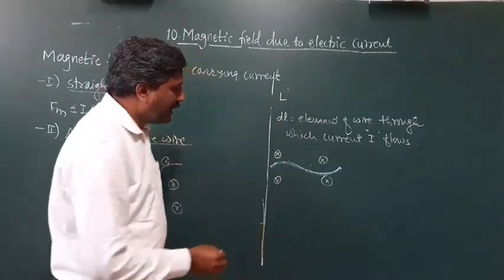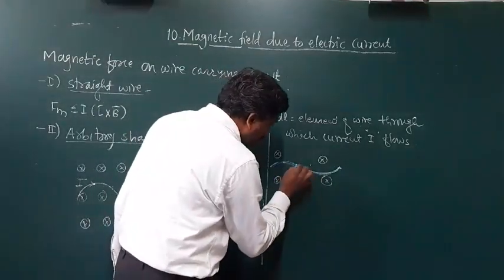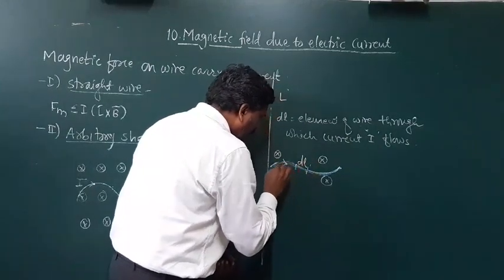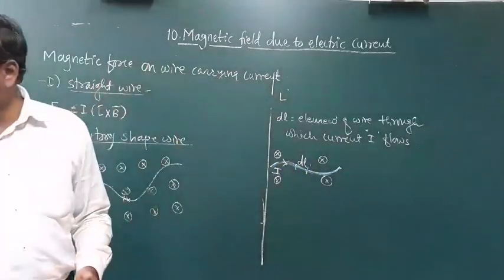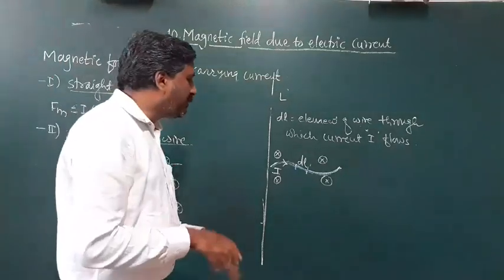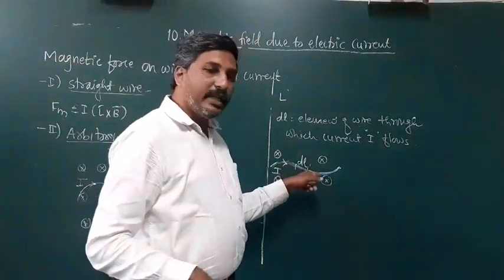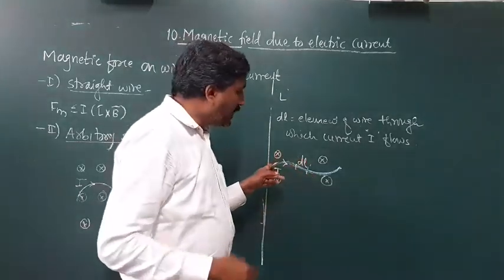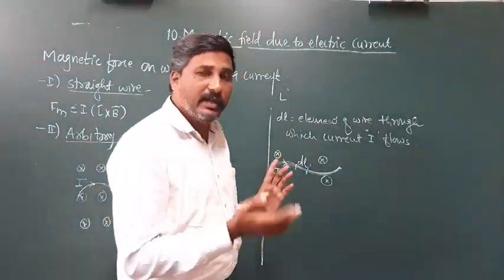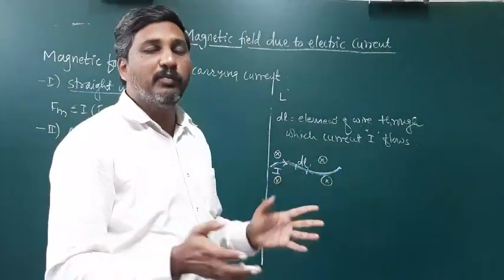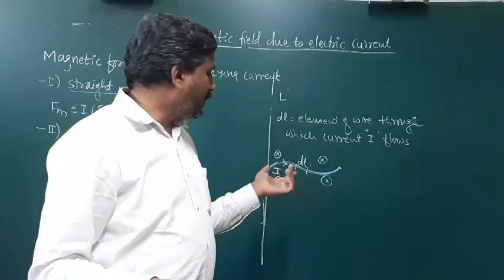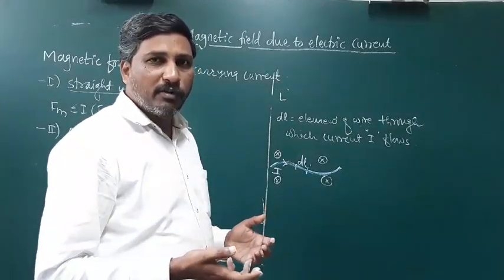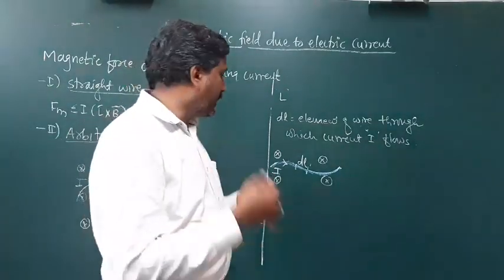This is my conductor, and this current element has length dl, through which current I is flowing. Now first we see the direction of the force. Current is flowing, which means an electric field is there, and the conductor is placed in a uniform magnetic field, which means a magnetic field is present. If both fields are present, some force is developed on the conductor.